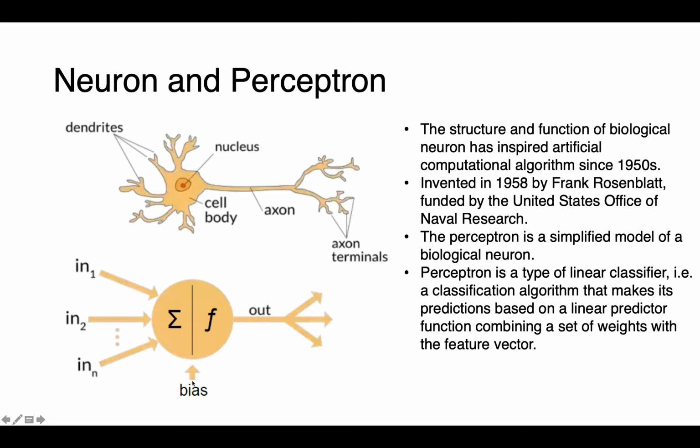This unit is called a perceptron. It was developed in the 1950s, so it has a long history. It's like the grandfather of all neural networks now.